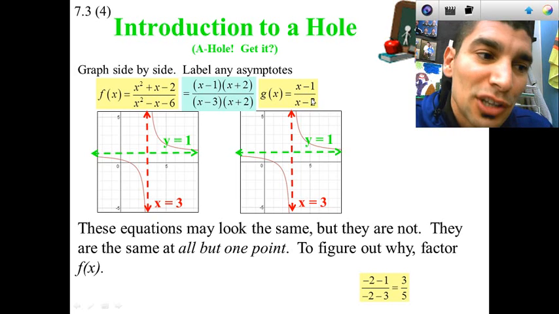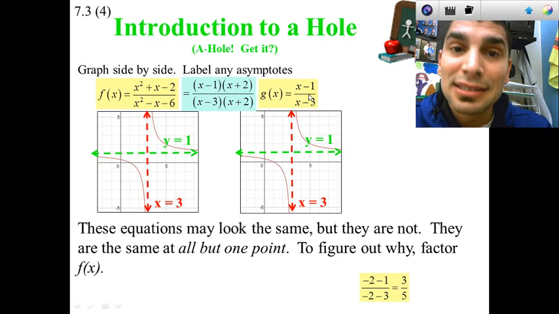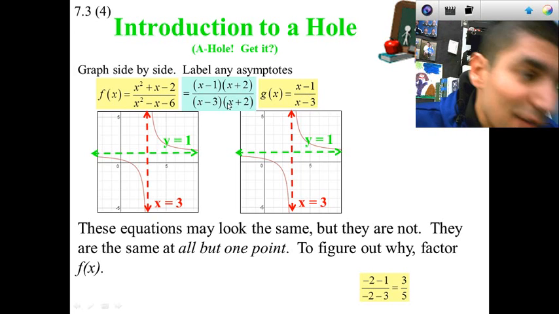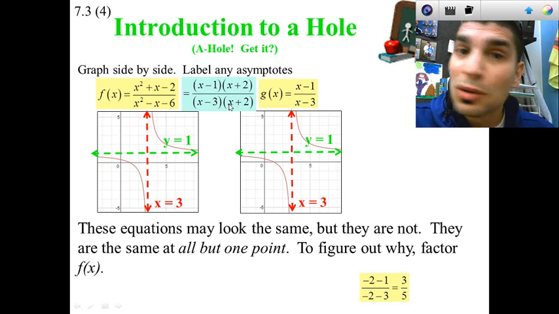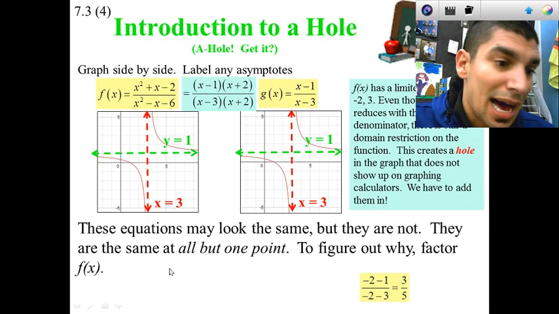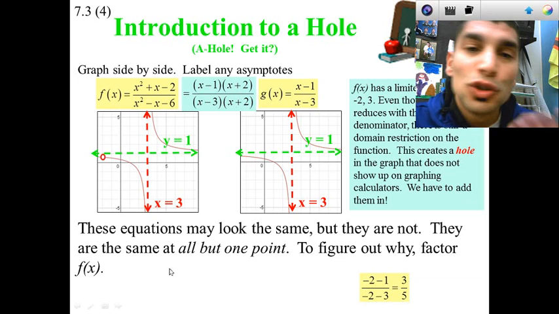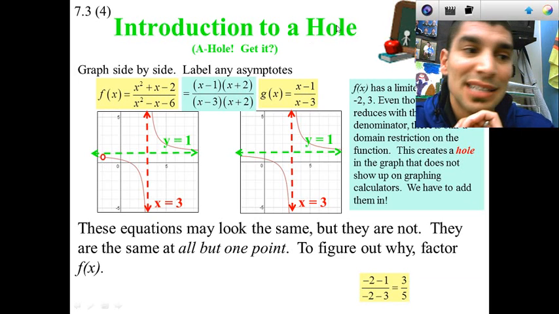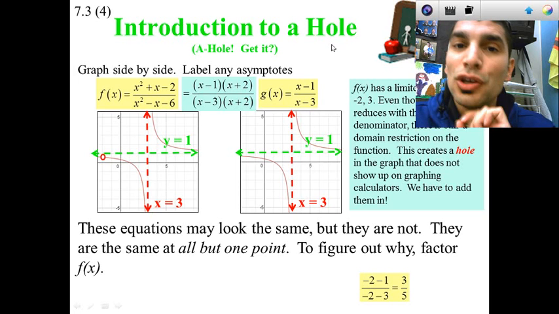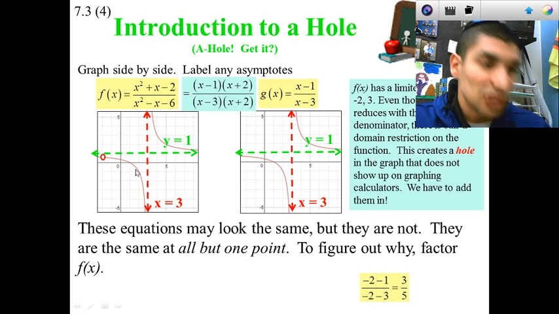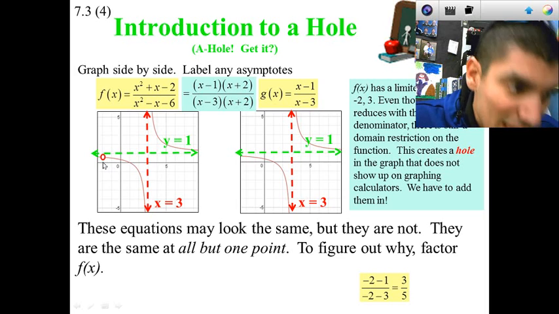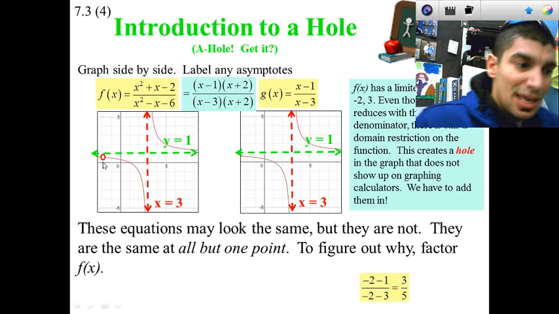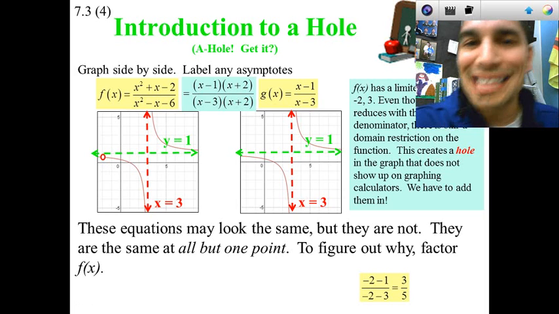I have to draw a hole on the left graph. This is a hole. We're going to use an open circle, just like this red dot right here, to represent a hole. And a hole is basically telling you that there is a removable piece of this graph. There is a place that is technically undefined, but it is not an asymptote.